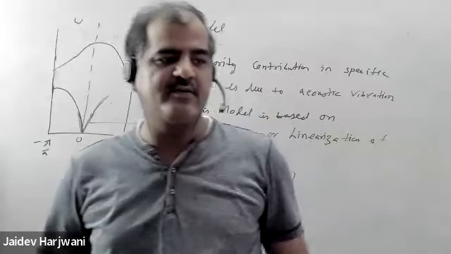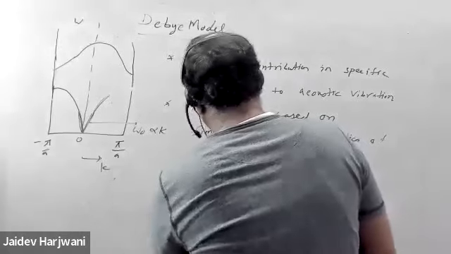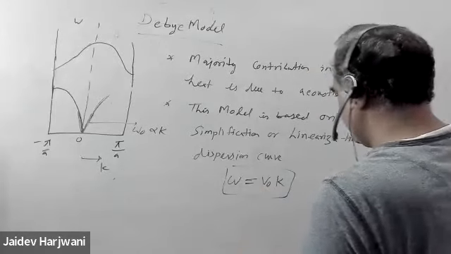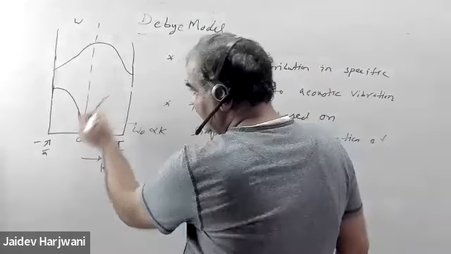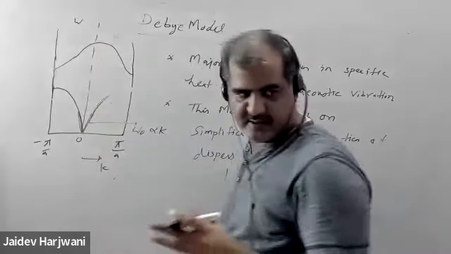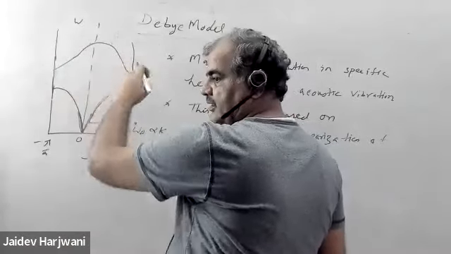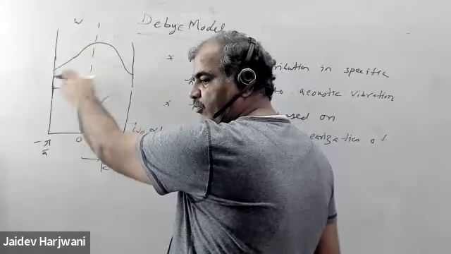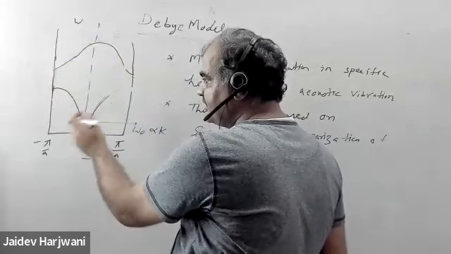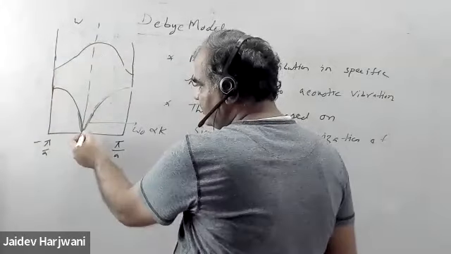So this is my dispersion curve. For the monoatomic case this branch will not be there; I am calculating the specific heat for monoatomic. This branch comes only for diatomic, triatomic, polyatomic solids. For monoatomic solids you will get only this one, only the number will increase. So for a 3-dimensional solid you have 3.